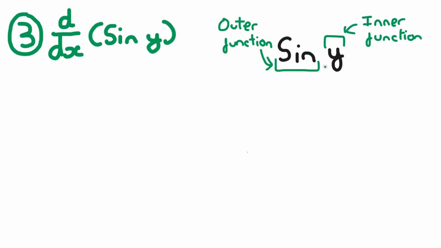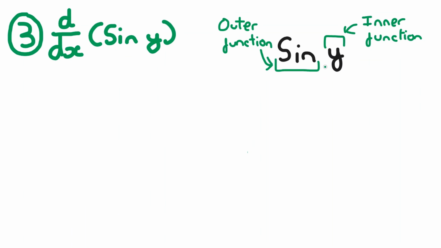So if we differentiate sin y in terms of x, it's going to be the inner function differentiated, which is this y differentiated, which is dy over dx, and this is multiplied by the outer function differentiated, which is this sin differentiated. Remember, when you differentiate sin, you get cos, and the inner function remains constant when we differentiate the outer function. This is going to be cos y. So when we differentiate sin y, it's dy over dx cos y.